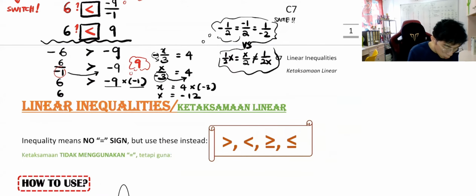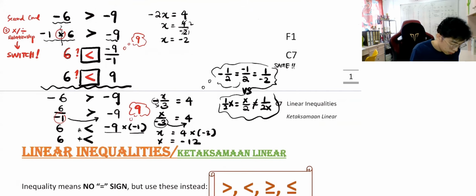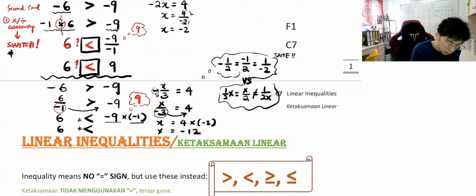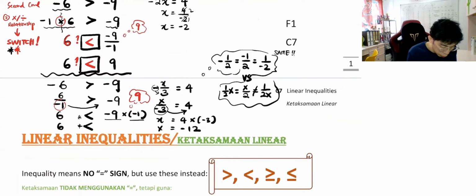So is the symbol correct? No. That's why in this case, we have to switch already. So I put a star there. That's the reason why you need to switch.